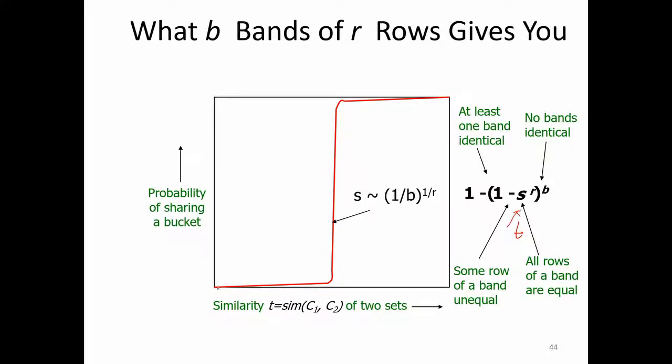It comes to here, and then at a value s it makes a steep jump. This is the property of this curve. As a function of t, at some value s here, it makes a steep jump, and then again it goes straight.